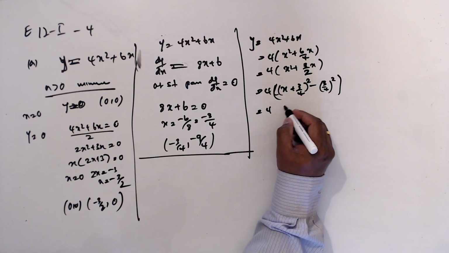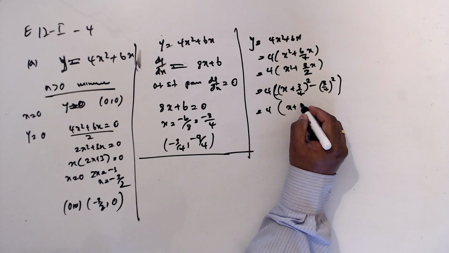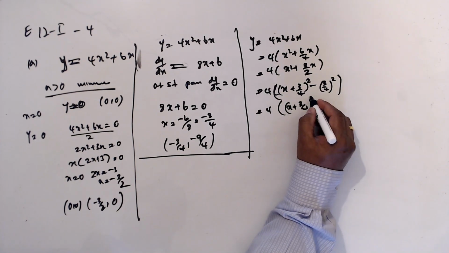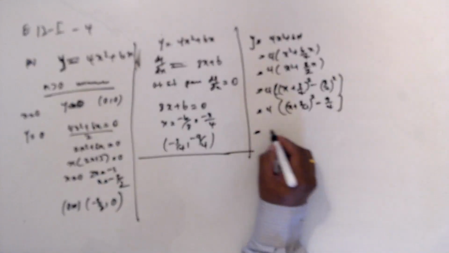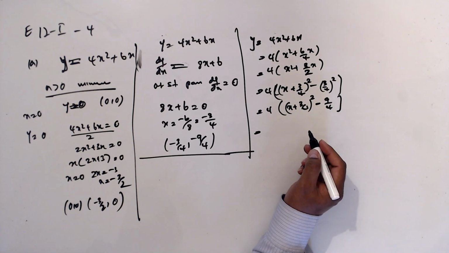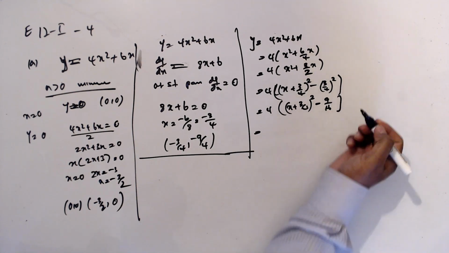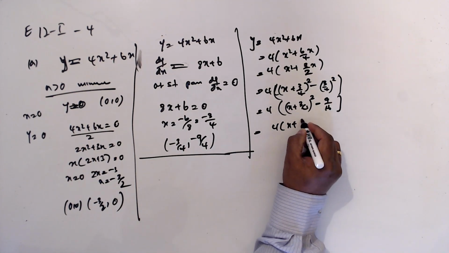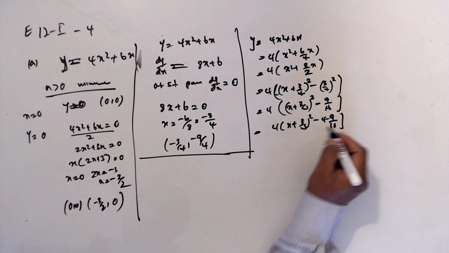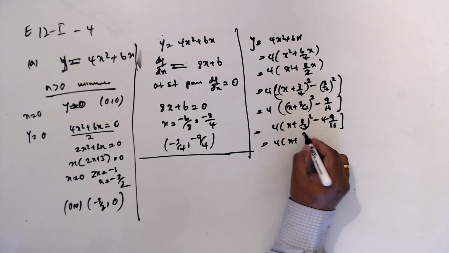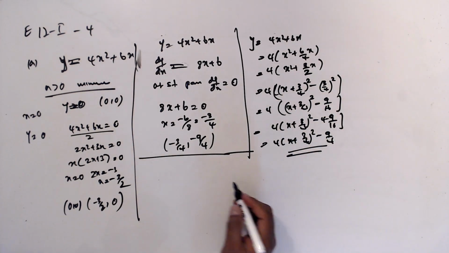So this is 4 times (x plus 3 over 4) squared minus 9 over 16. 3 squared is 9, 4 squared is 16. Then 4 times 9 over 16 gives 4(x plus 3 over 4) squared minus 9 over 4.